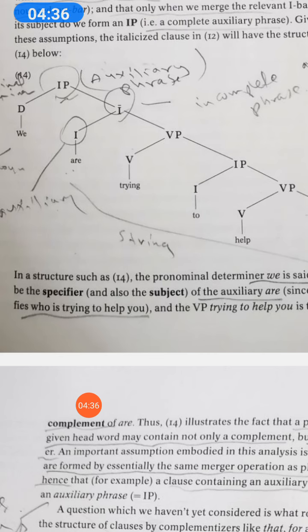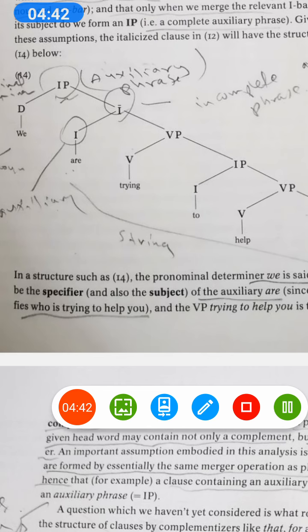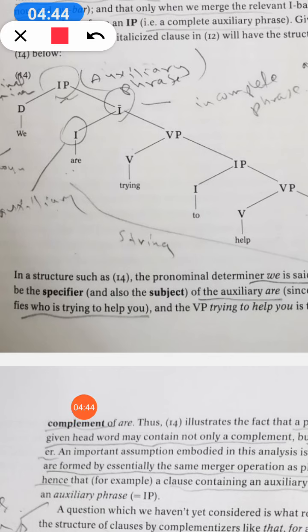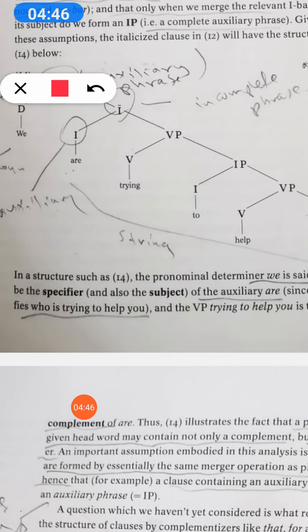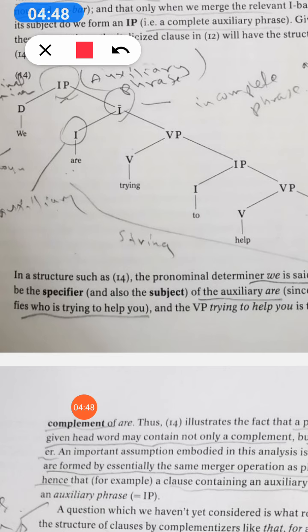Now we talk about another phrase in English, which is the auxiliary phrase, as in diagram number 14. Here we have IP, which is the auxiliary phrase. By the way, IP is used for two phrases. It could refer to the infinitive phrase or to the auxiliary phrase.